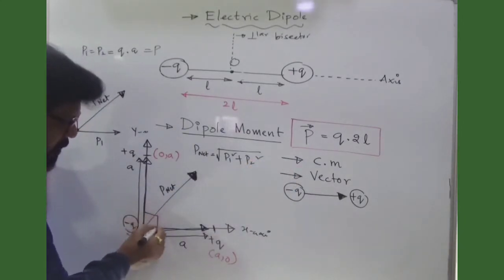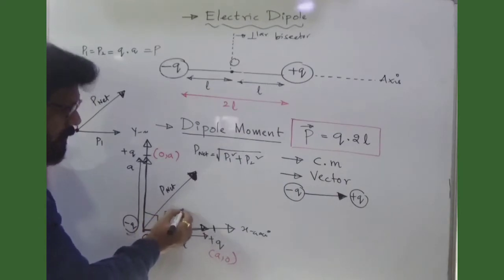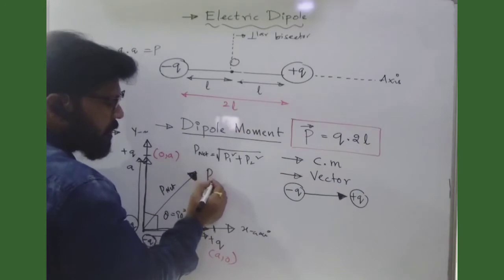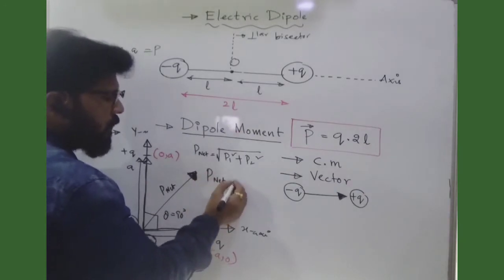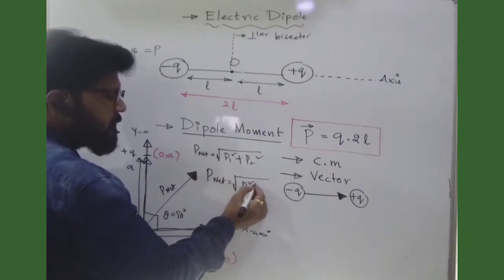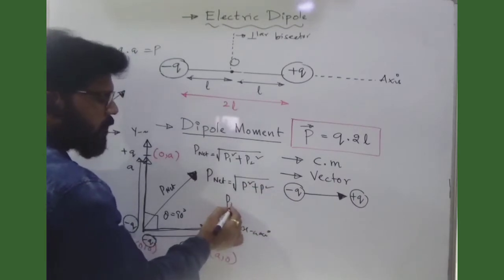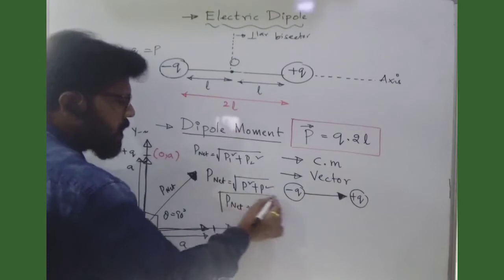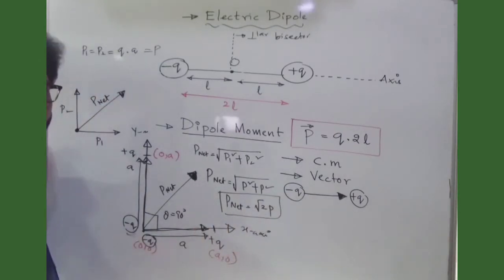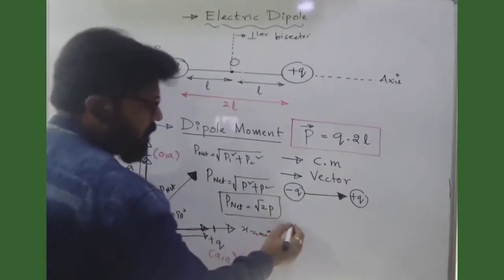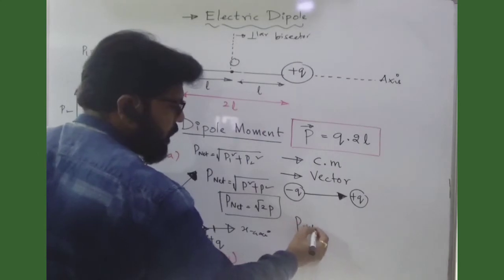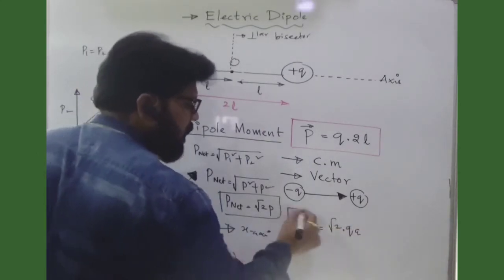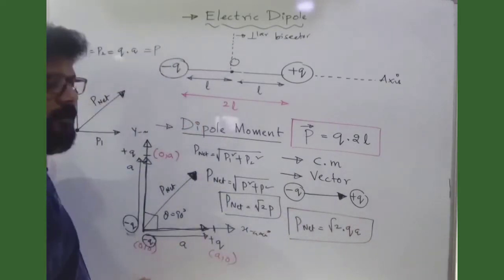Theta is equal to 90 degrees, and cos 90 is zero. Both P1 and P2 are equal to P, so P net equals the square root of P squared plus P squared, which I can write as root 2 into P. This will be the answer for the net dipole moment. So the net dipole moment equals root 2 into q into a. This is the magnitude.